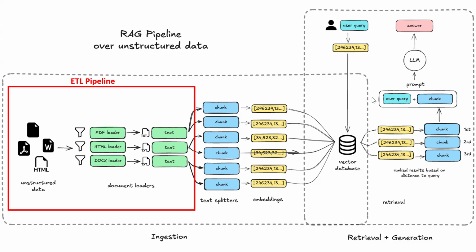Let's say this chunk is talking about Shri Ram, Ayodhya, Sita, and this is talking about something else, let's say the movies of Amitabh Bachchan, and this is talking about the movies of Dharmendra. So these two chunks will be close enough in the vector database.